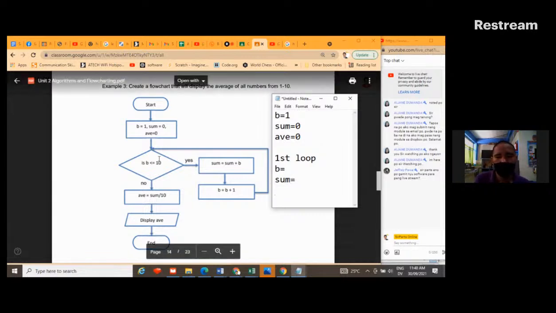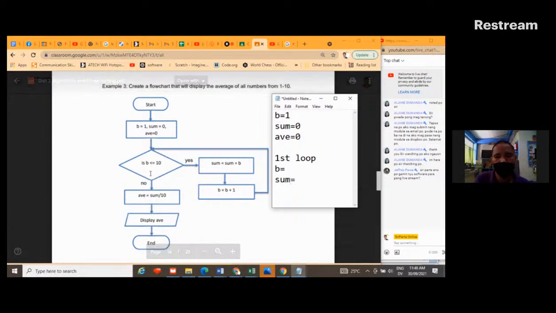So for the first loop, our B is equivalent to 1 and our sum is sum equals sum plus B. So you write here the value of your sum, which is 0, no? Sum equals 0 plus 1, that is equivalent to 1.